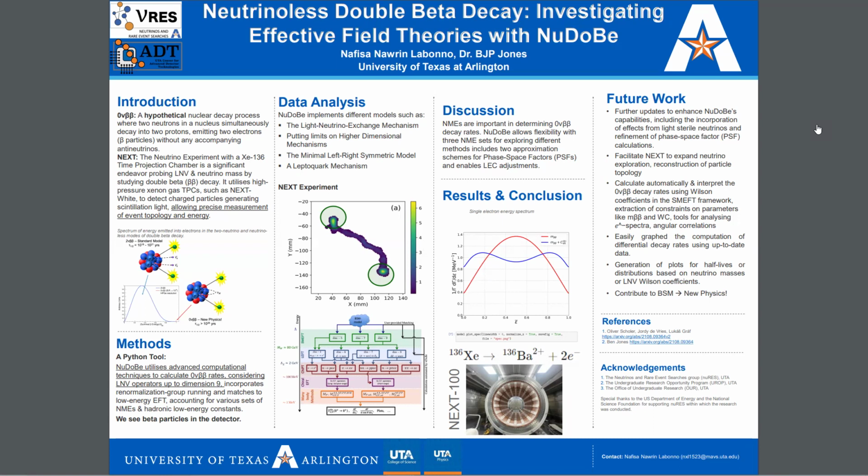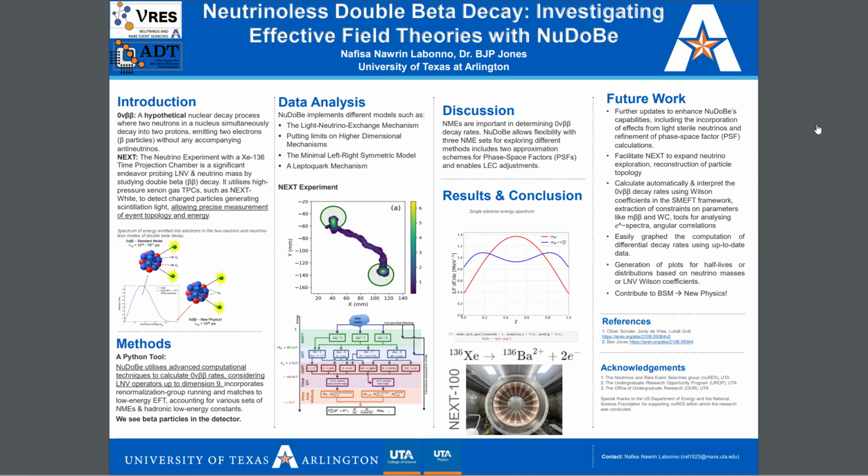So let's look at the process of hypothetical nuclear decay, where two neutrons in a nucleus simultaneously decay into two protons, emitting two electrons, which are beta particles, without any accompanying antineutrinos. This process is known as neutrinoless double beta decay, also shortened as nu-DOBE.